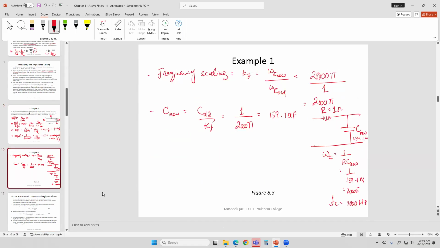So now we have to do the impedance scaling. And of course, the R value is too small, 1. We got to change that value. So impedance scaling, KR.